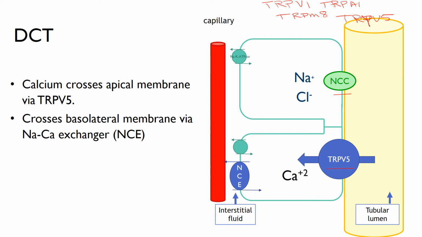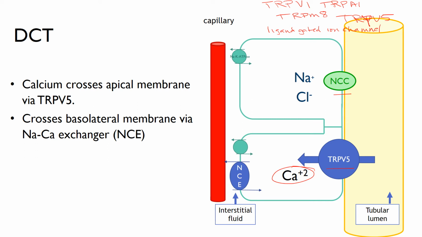It is a ligand-gated ion channel. We're not going to talk about the ligand in this context. However, it just means that when the ligand binds the channel, the pore opens and an ion is allowed to move through the pore. In this case, the ion is calcium.